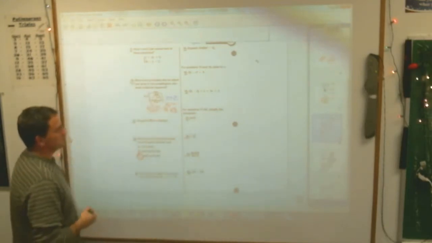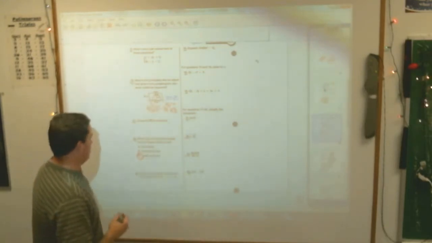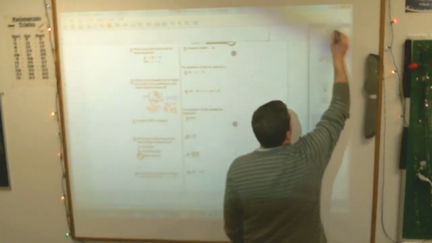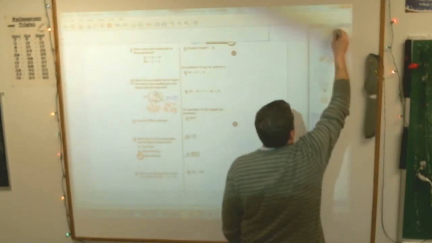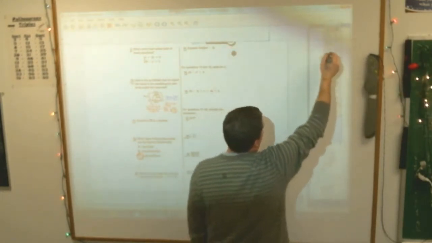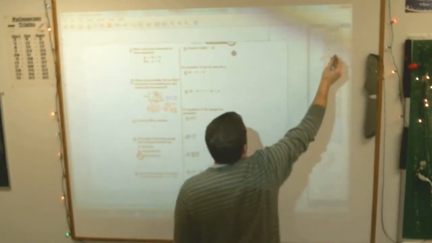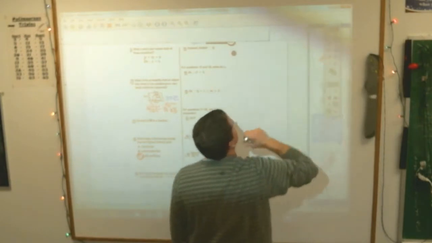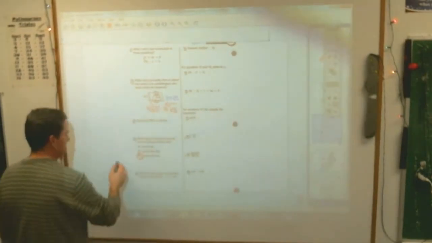Christine, number 13. Number 13, solve and graph the solution of this. People, at some point in your life, I firmly believe that you'll catch on to this, because you should almost be able to tell me what I'm going to tell you by now.